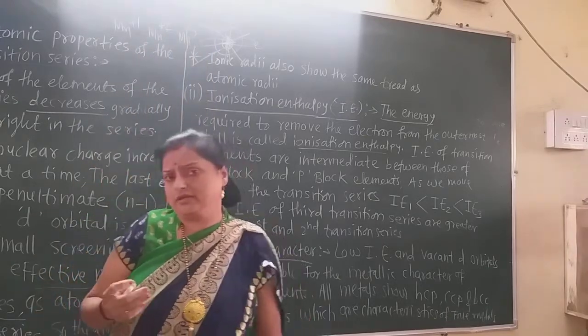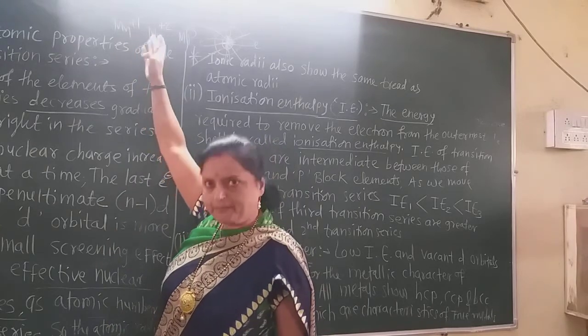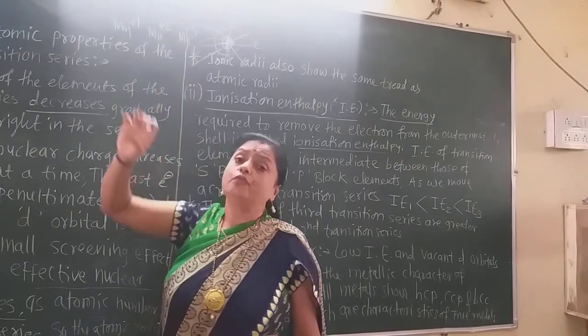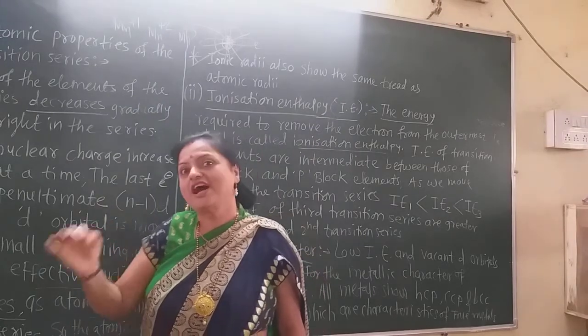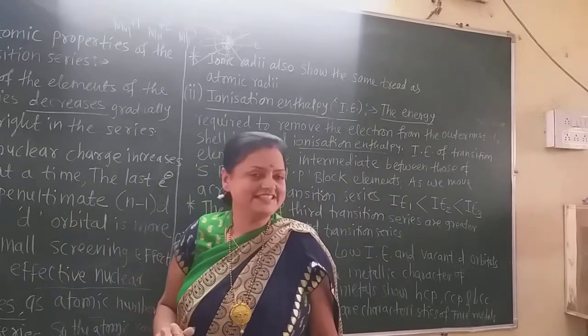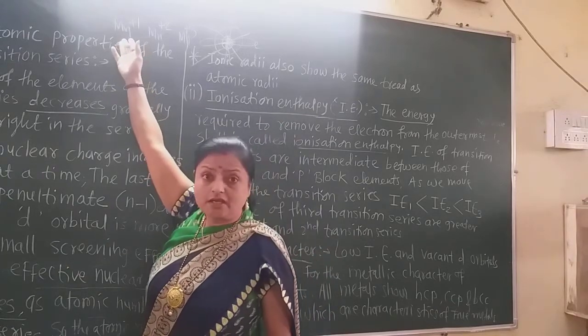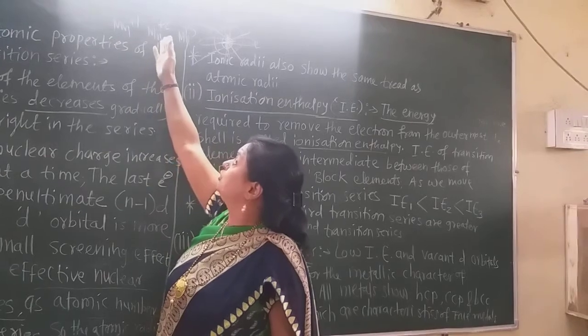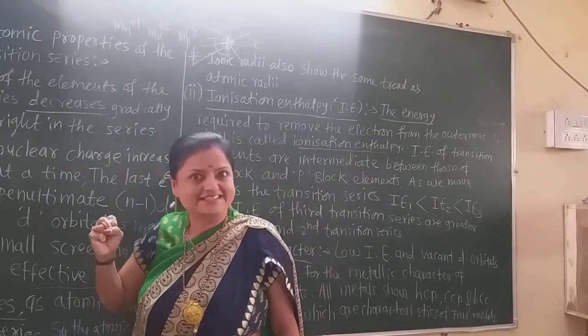Now can you tell me which ion, Mn2 plus or Mn3 plus, can easily remove the electron from the outermost shell? Which ion can easily remove? This Mn plus 1 first, because in 2 plus and 3 plus the positive charges increase.